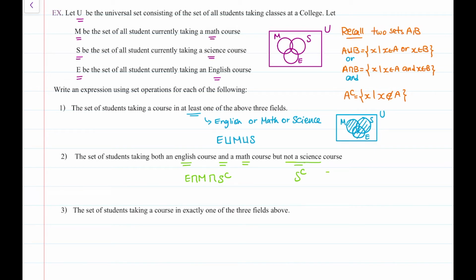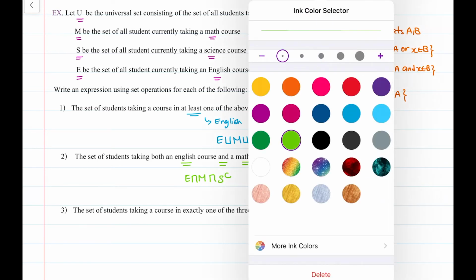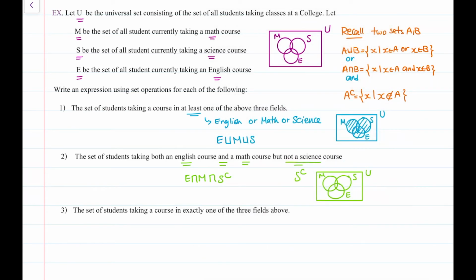Okay, so if I want to graph the Venn diagram again, this would be the universal set. Then I have M, S, and then E. E intersection with M would be everything in this area, but it is intersection with S complement.